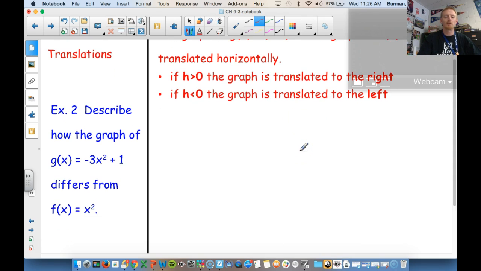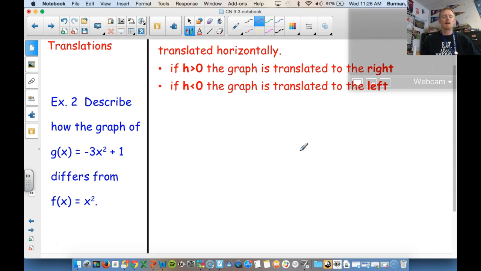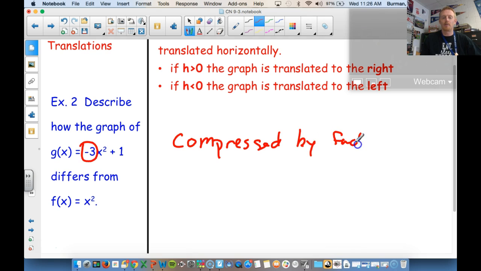So in example 2 here, it says we're supposed to describe how the graph is being translated or how it differs from the parent graph. We don't have a horizontal translation, but you will in your assignment. It's important for us to understand that we have a factor. It's being compressed by a factor of 3. So you're going to use those words: compressed by a factor of 3.